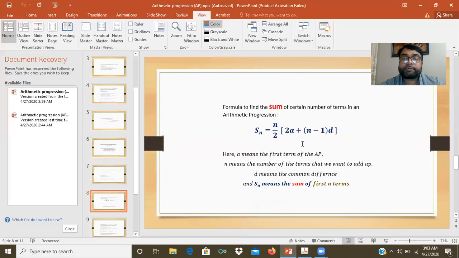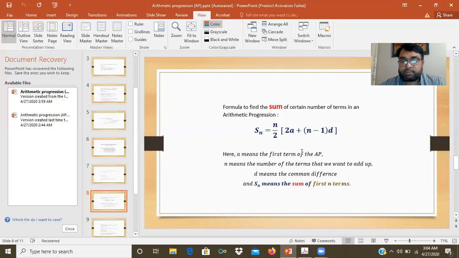Now we come to another formula. You see, Sn equals n by 2 times 2a plus n minus 1 into d. Here a again stands for the first term of the AP, n means the number of terms that we want to add up, d means the common difference, and Sn means the sum of the first n terms.